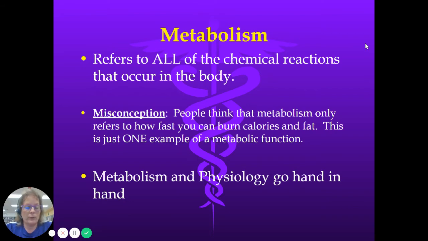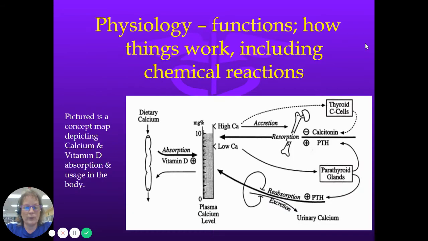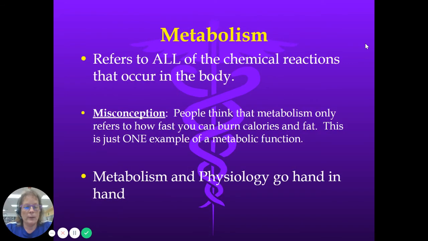Metabolism and physiology go hand in hand. So as I was talking about this process with your bones and the calcium and the hormones, all of those are physiological processes, but they're also part of your metabolism. Okay? So we get into how insulin is pumped out of your pancreas, which is going to help with lowering blood sugar levels. That is a type of metabolism.